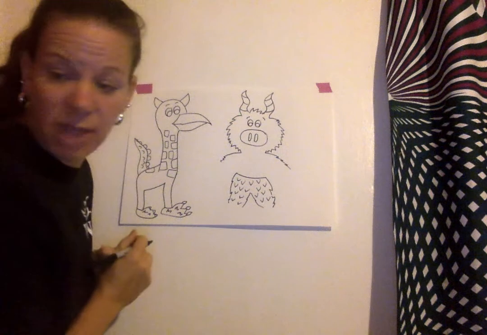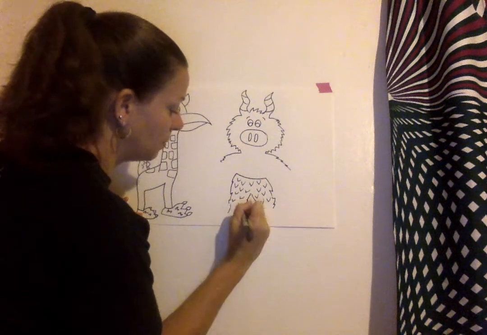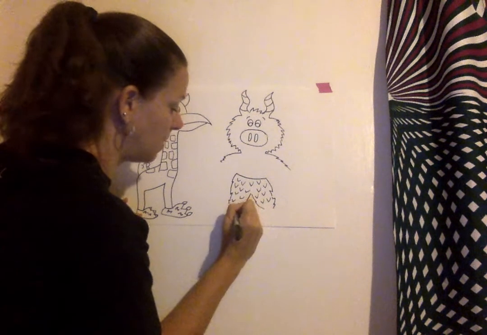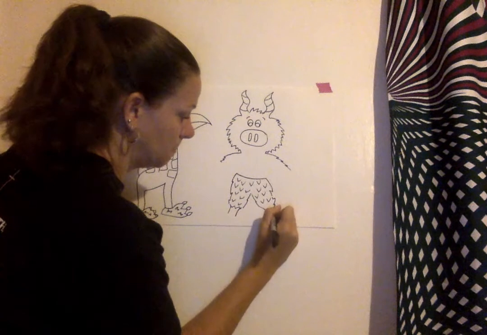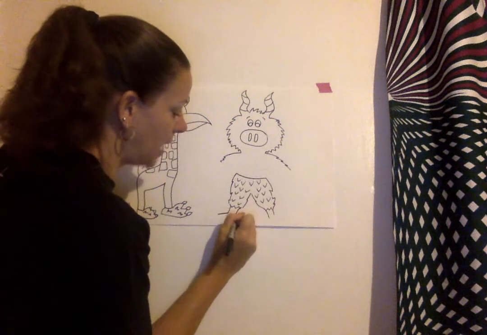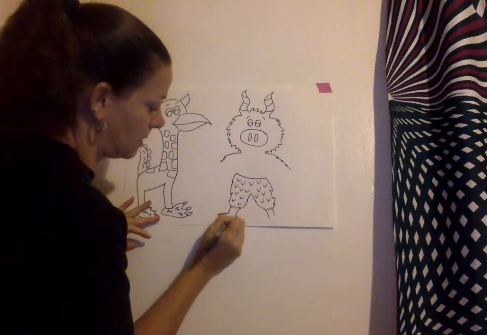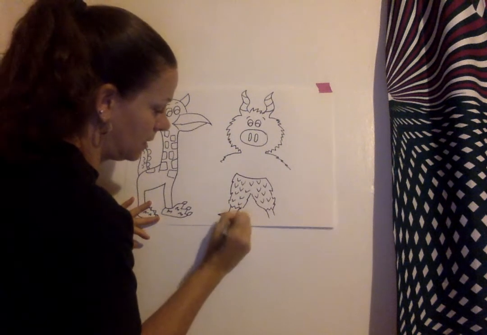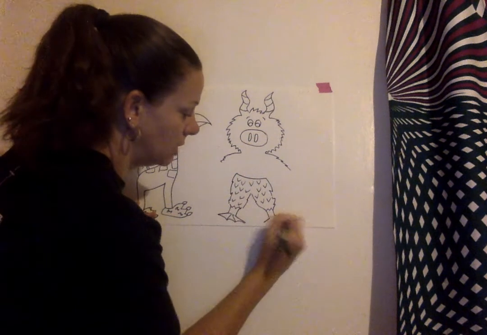And I do love duck feet. So let me just show you how to add the duck feet. We'll add the bottom. Then I'm going to do a line out and a line out like that. Come across. Out and come across.